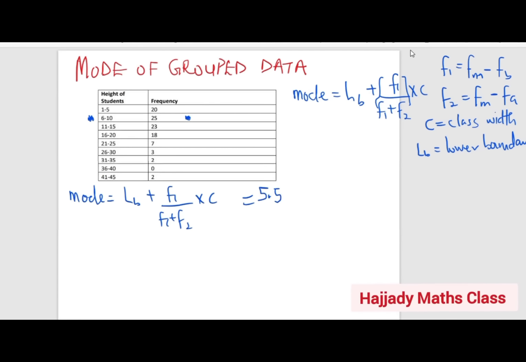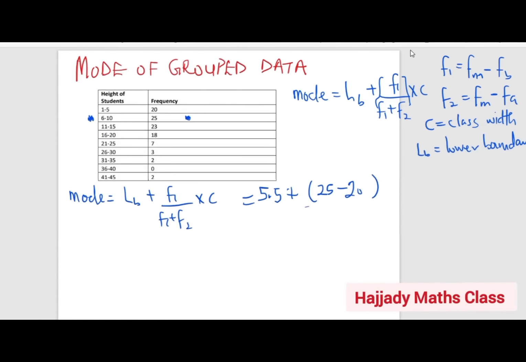In my previous video for the median, I decided to use the lower limit directly because you can also do that. But in this case, I'm going to use the lower boundary by subtracting 0.5 from the lower limit, plus F1. Our F1, don't forget, is the frequency of the modal class minus the frequency before it. The frequency of our modal class here is 25, minus the frequency before it, which is 20.